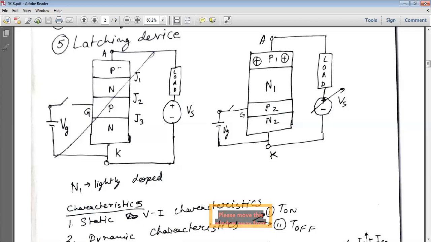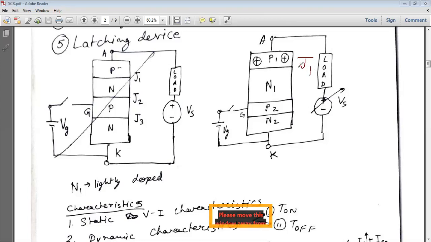Therefore, in the forward biased condition, you can see the junction between P1 and N1 is junction J1.